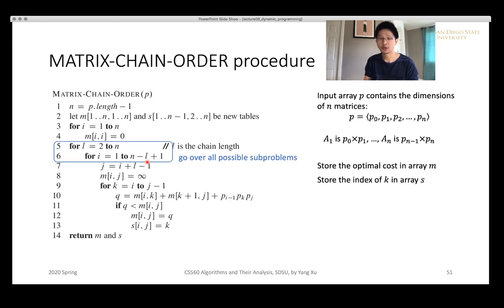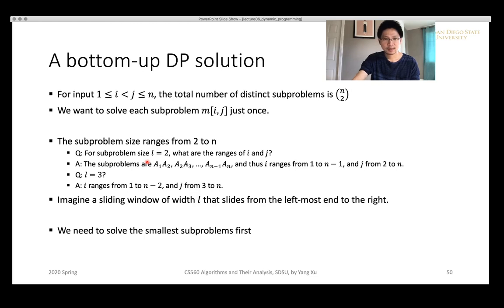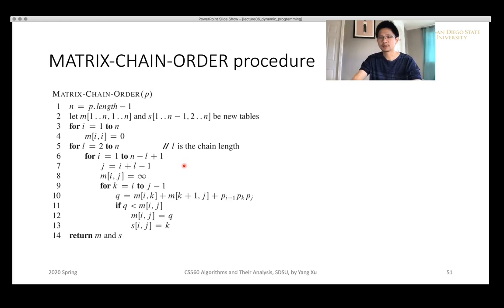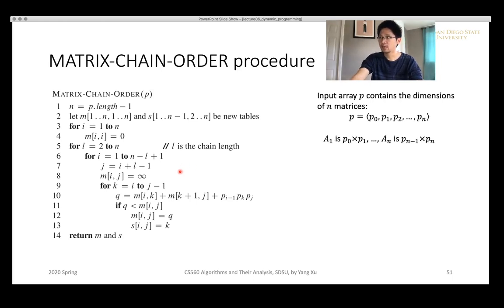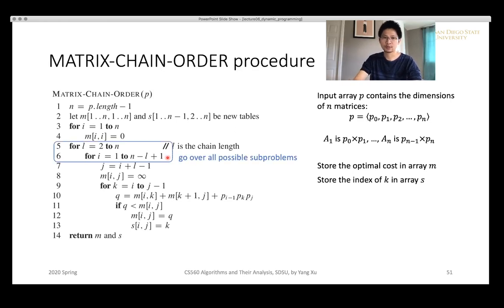We have shown this in the previous slide: to go through all subproblems of size 2, we need to go through A1 times A2, A2 times A3, up to A(n minus 1) times AN. So the starting index I goes from 1 to n minus 1. Here the quantity n minus L plus 1 is just a more general definition of the starting index of the subproblems.